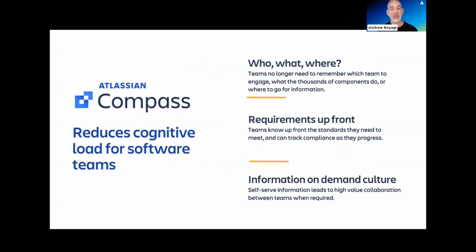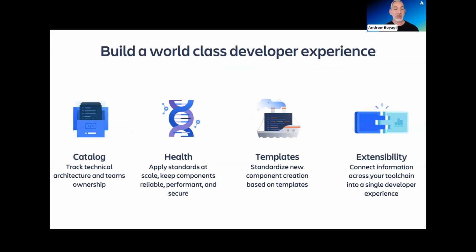And teams can get the information they need on demand, meaning less waiting time between teams and higher value collaboration when they do need to work together. Compass essentially helps our customers build a world-class developer experience. We've taken 10 years of learning and put it into one product for our customers to take advantage of, and we're just getting started.